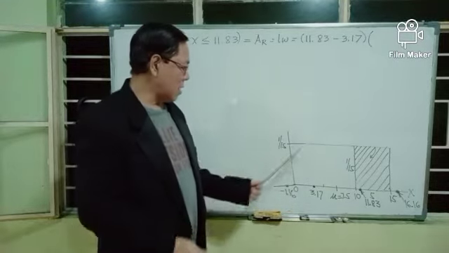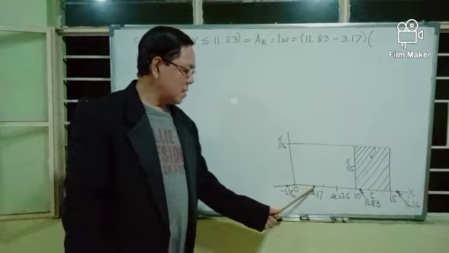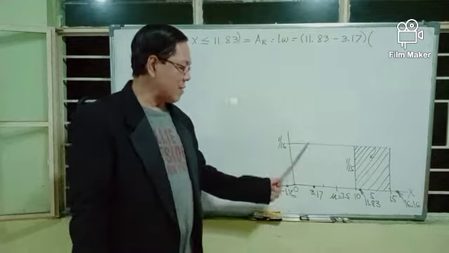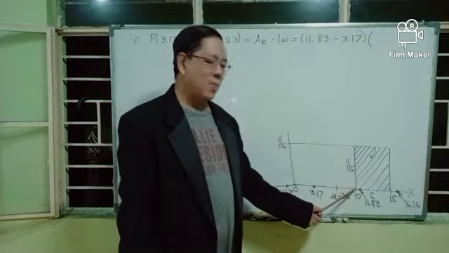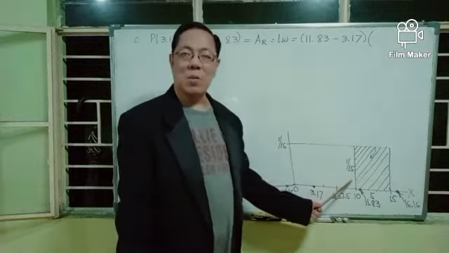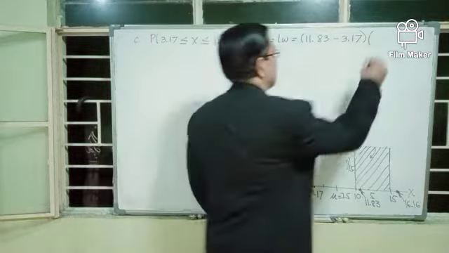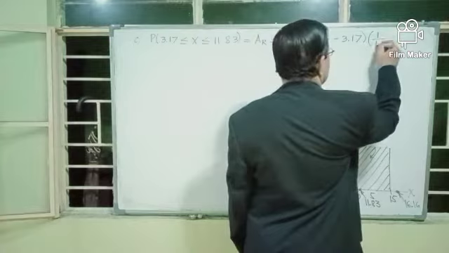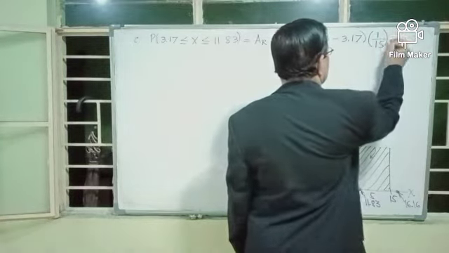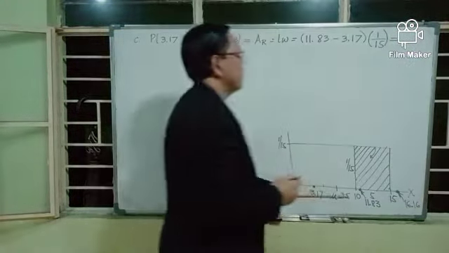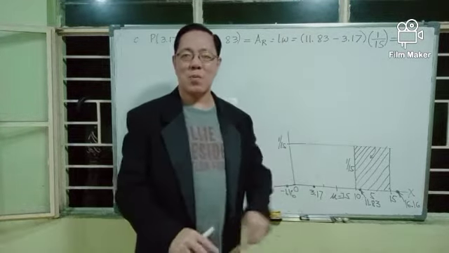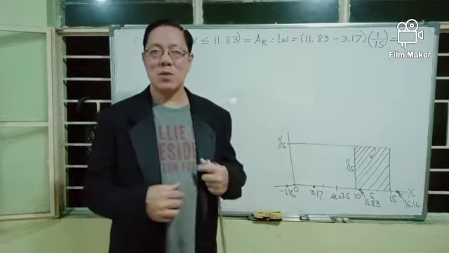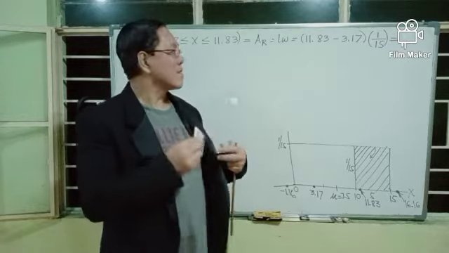The width, the vertical line through 3.17 or through 11.83, is the height of the rectangle, which is 1 over 15. We compute this difference, divide by 15, and take the final answer to 2 decimal places.